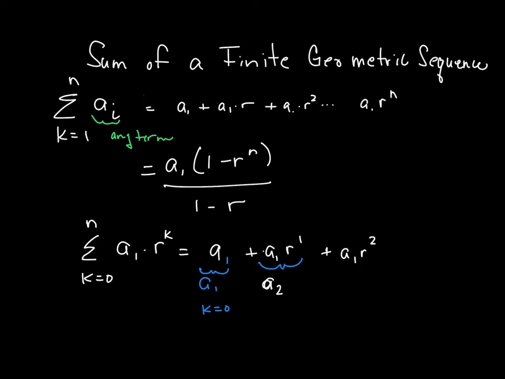And this is what happens as you plug in k, replacing k starting from 0 and going up. It means exactly the same thing. You keep going all the way up to A1 times R to the N.